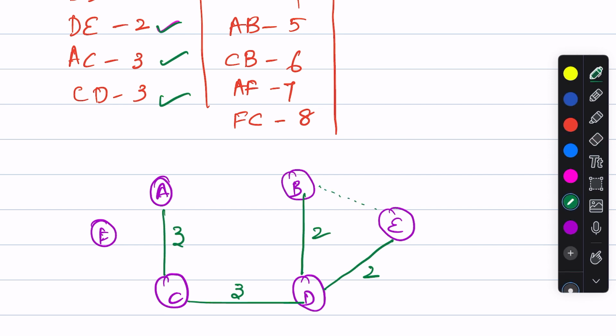Now let us find out the next edge, that is AB. So AB, again it is forming a cycle. So we are not supposed to include this edge. Next is CB. Even if we make this, it is forming a cycle. So we are not supposed to include this.